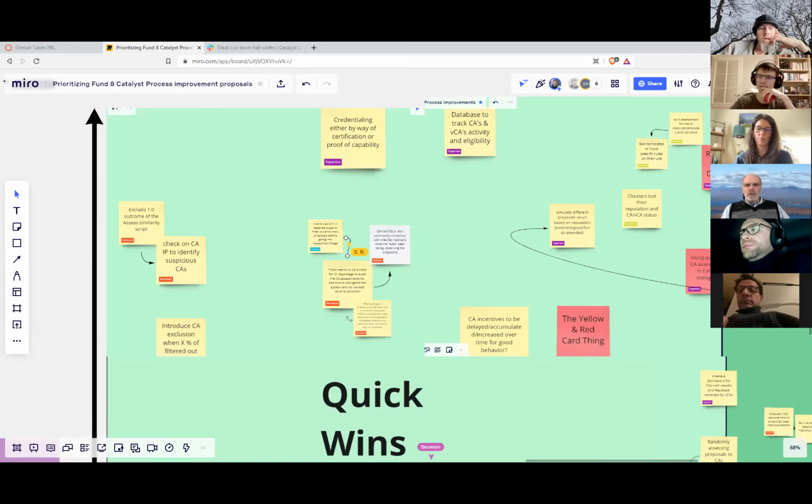My perspective on it, and this comes from listening to different conversations about this issue, is that the CAs sit in between the voter and the proposers. The proposers have full identity and the voters are completely anonymous.